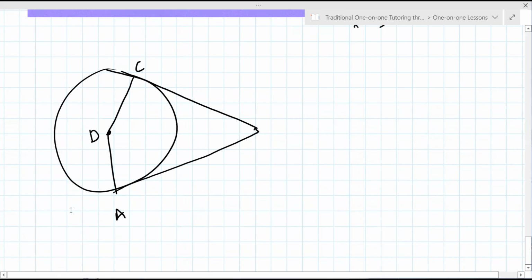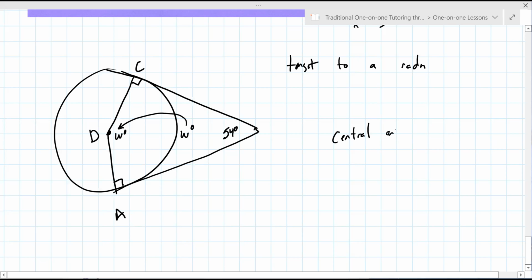Do you remember what the angle measure is at C and at A? 90 degrees. Yes, a tangent to a radius is 90 degrees. Now we want to find W, but W is actually the same as this angle in here, the central angle.